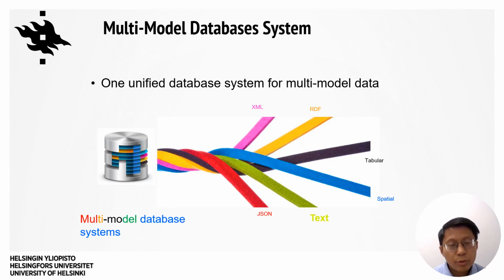We propose to use a multimodal database system. This system can provide a holistic engine to process different types of data together, including XML, RDF, tabular, spatial, text, and JSON. One database engine can process those different types of data together.